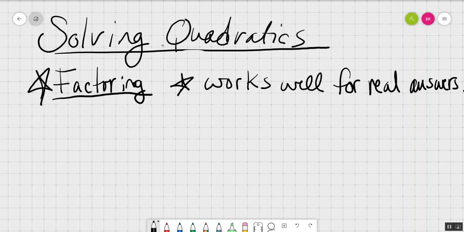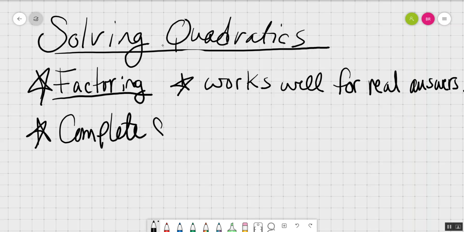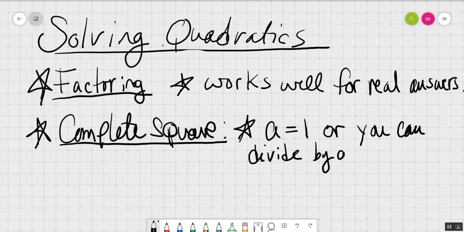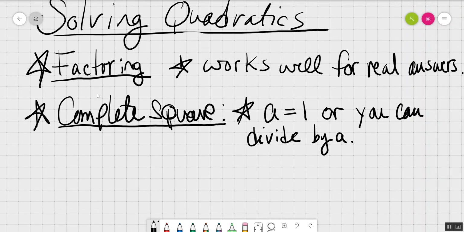The second method, we just learned last time, which is completing the square. This works well for is really if a is 1. Or you can divide by a. And even then, completing the square is a little rough, to be honest.